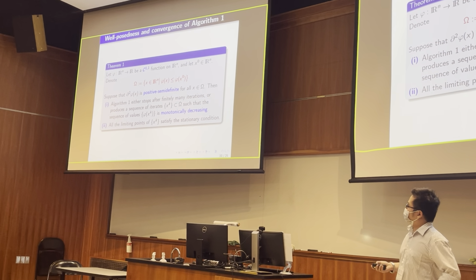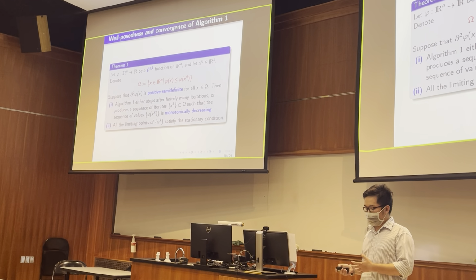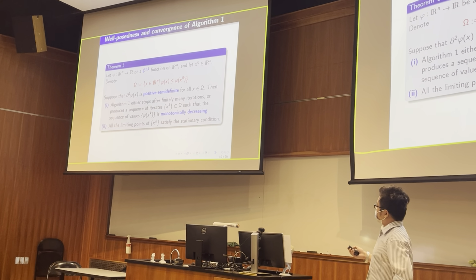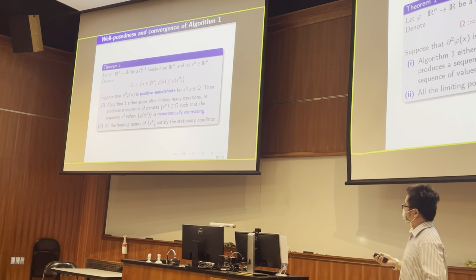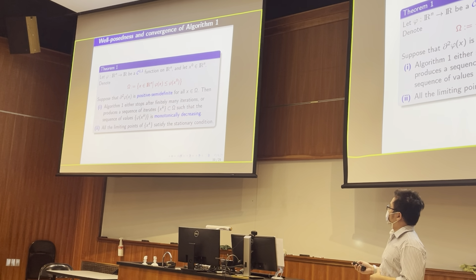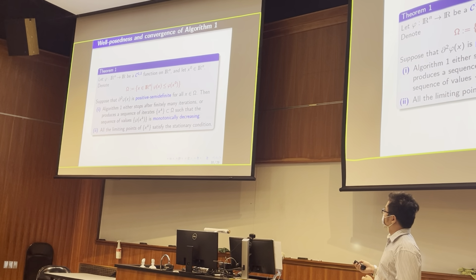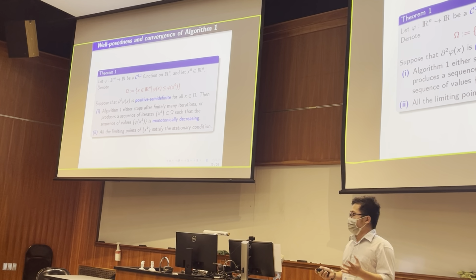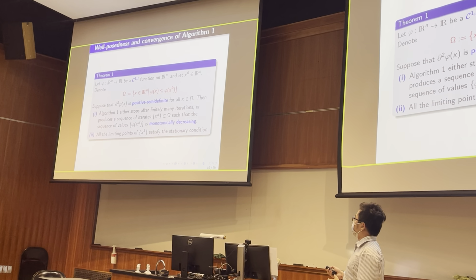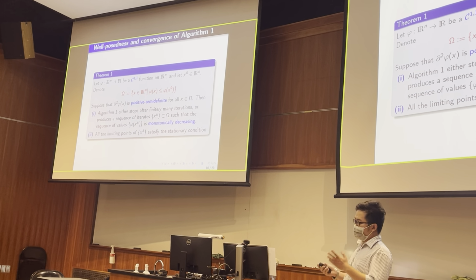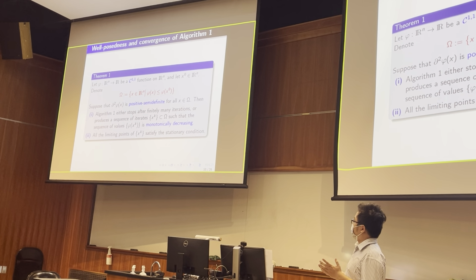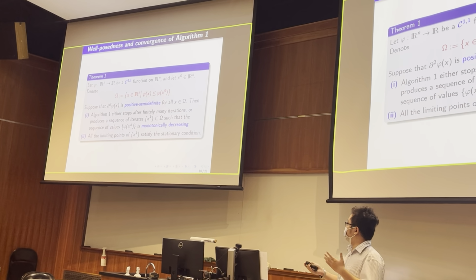Now we will talk about the convergence behavior of this algorithm. The first result is that if the second-order subdifferential is positive semi-definite on the level set, then we have two statements. The first is that our algorithm will stop after finitely many iterations, or it will produce a sequence whose sequence of function values is decreasing.